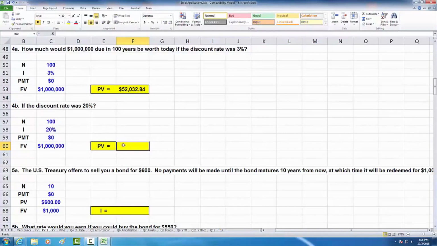So it will be present value, rate is 20%, number of periods is 100, payment 0, future value is 1 million. Of course, the minus sign here. Okay, it's worth $0, as you can see. If the interest rate increases from 3% to 20%, it would be worth almost $0.